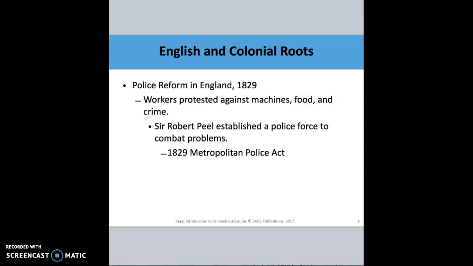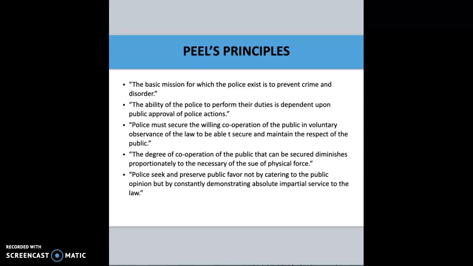He was able to convince Parliament in 1829 to pass the Metropolitan Police Act, which allowed the creation of the London Metropolitan Police. Now, Sir Robert Peel had his principles because he had to sell this concept of policing because it was foreign to England.